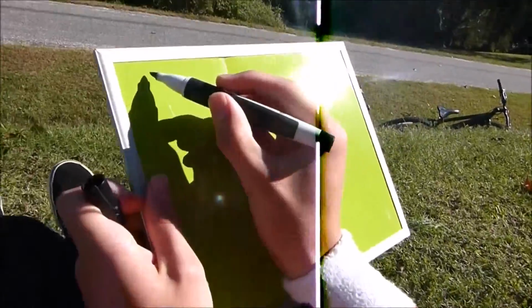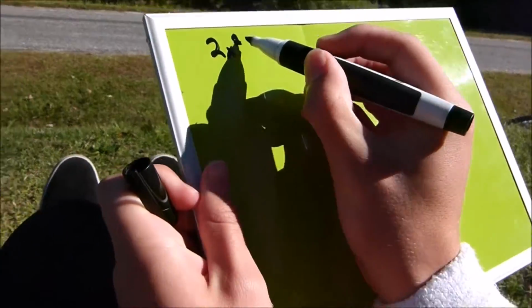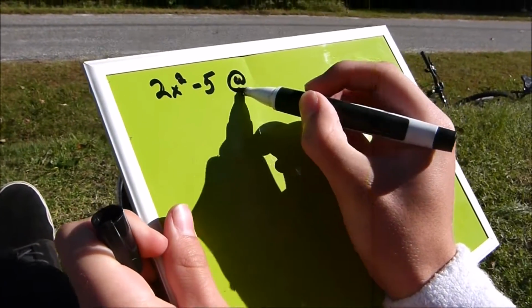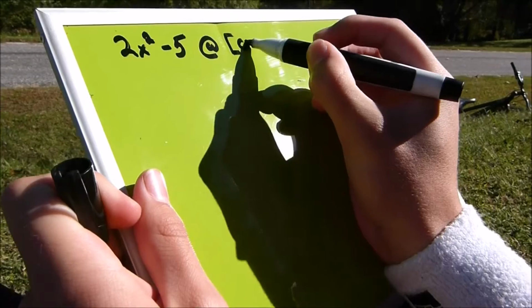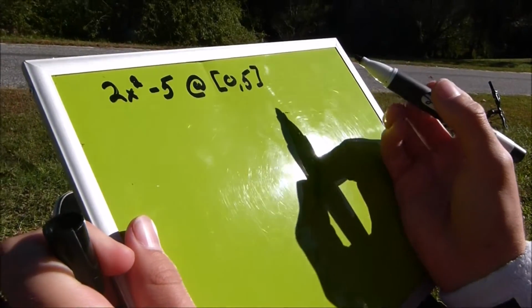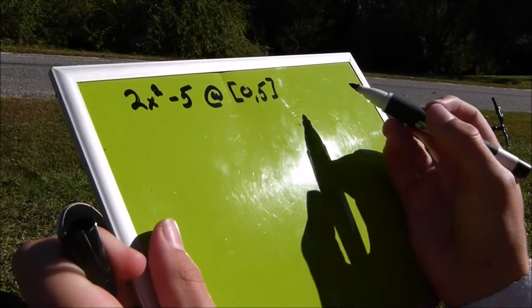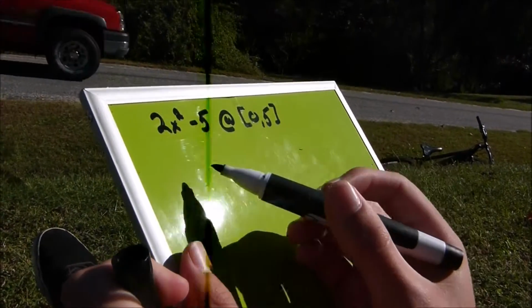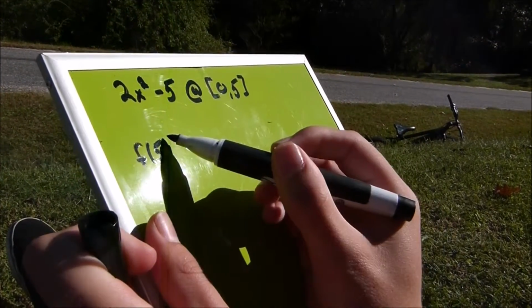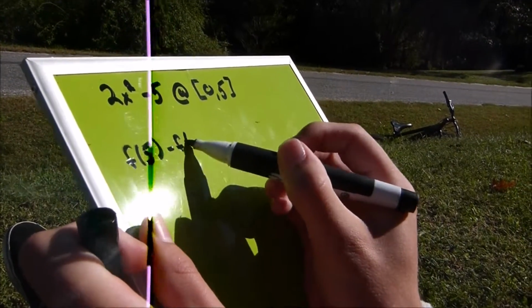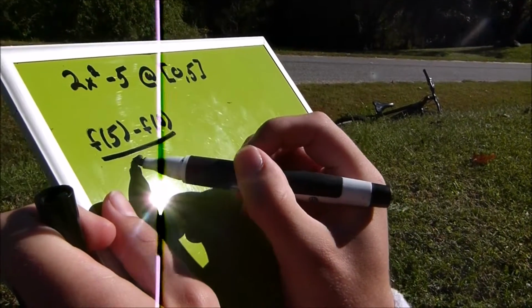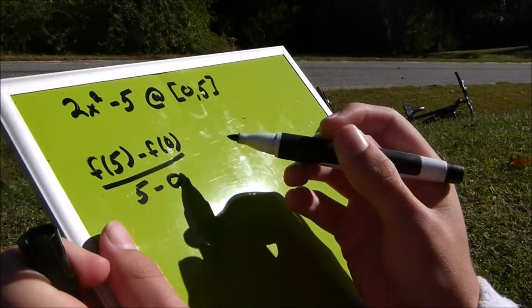So the problem was 2x squared minus 5 over the interval 0, 5. The equation is going to be f of 5 minus f of 0 over 5 minus 0.